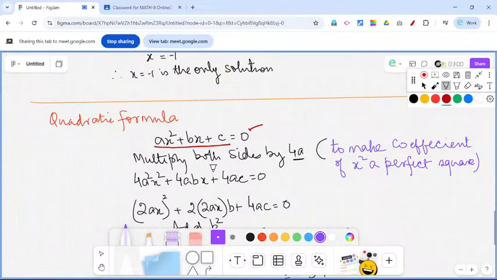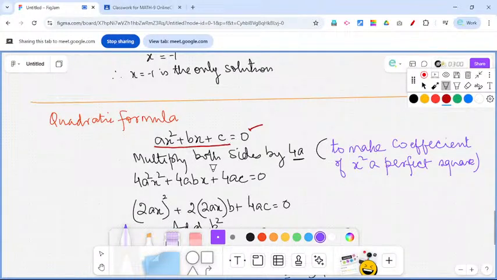Multiply both sides by 4a. अब मैंने इस पूरे को 4a से मल्टीप्लाई किया और राइट साइड को भी 4a से मल्टीप्लाई करना पड़ेगा. राइट साइड से तो जीरो ही आएगा, जीरो मल्टीप्लाइड बाय एनी नंबर, आई विल गेट 4a²x², देन नेक्स्ट टर्म 4abx, then next term 4ac.